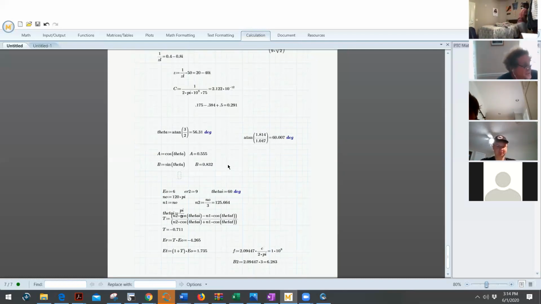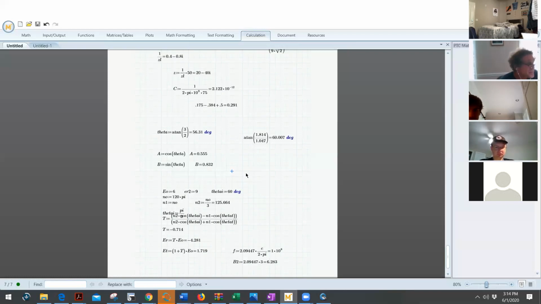Our transmitted angle should be beta 1 over beta 2 times the sine of theta incident and then a sine of that. So that's what we messed up.